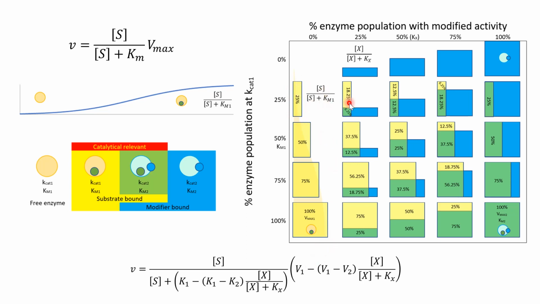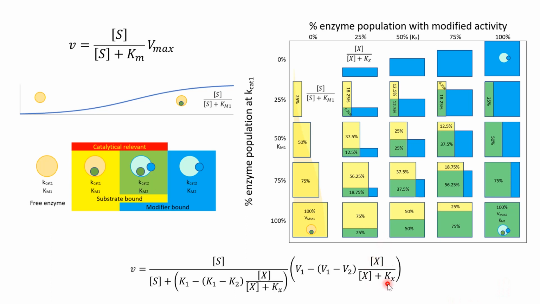However, if there's a modifier present, and say we'll go with 25% association of the modifier, then you're going to have 18.25% of your enzyme population working as normal with the enzyme substrate. And you're going to have around 6% in this form, so working at a different substrate affinity and a different catalytic rate. So that's all this equation really is describing.